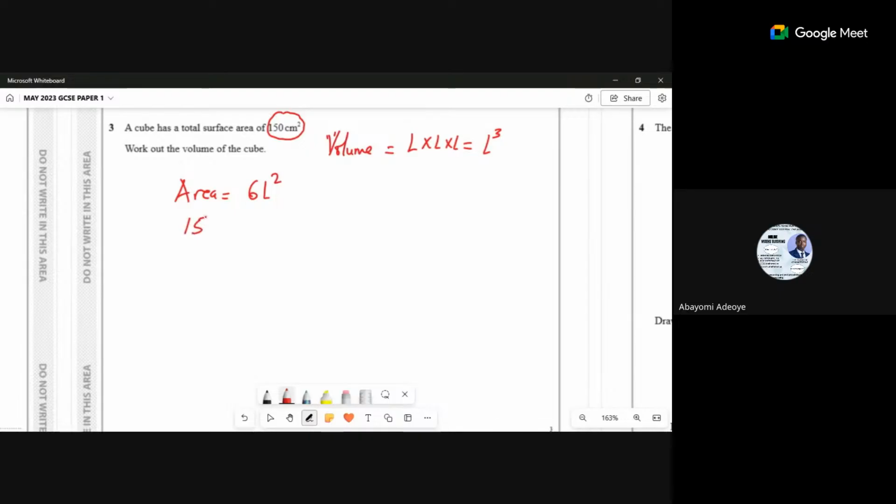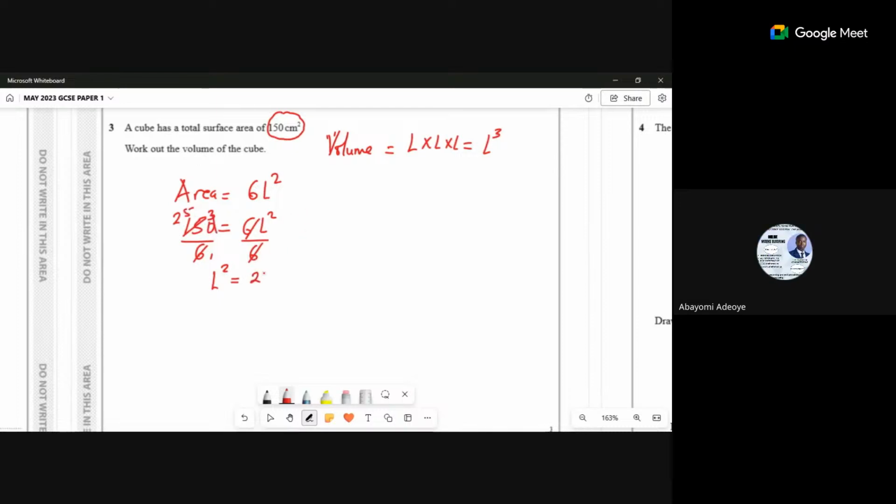The area is given as 150, so you have 150 equals 6L squared. So you divide by 6. 150 divided by 6 is what? 6 into 15 is 2, remainder 3. Then 30, that is 5.